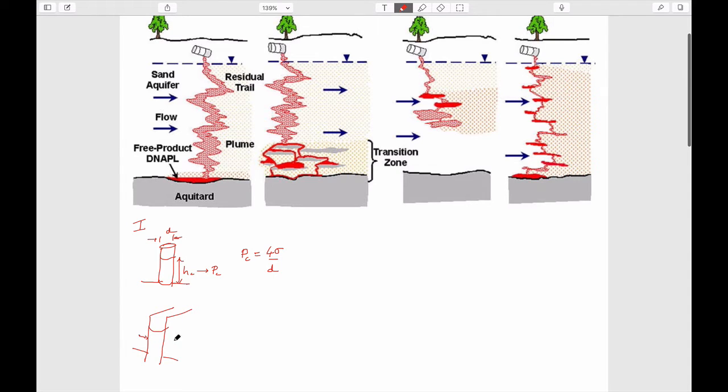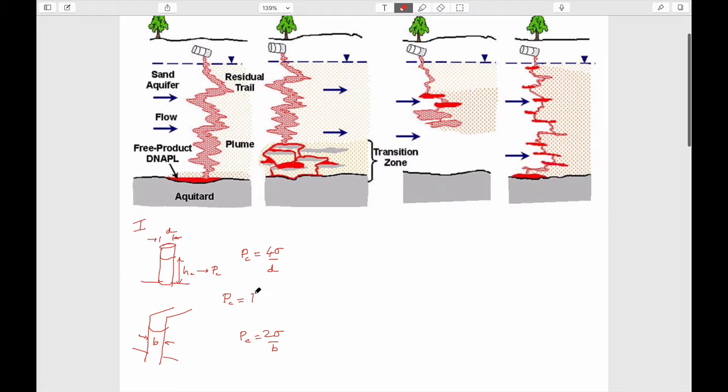And in the case of a fracture, which also might be a fast conduit, which has some aperture b, the capillary pressure might be equal to 2 times the interfacial tension divided by the aperture. So when this aperture or this diameter gets to be small, you have to have a big pressure to be able to push stuff along it.